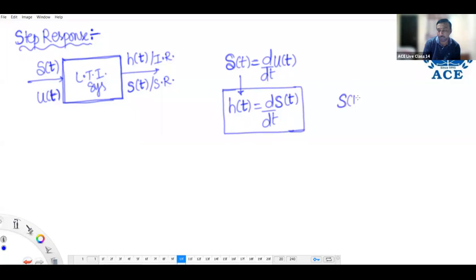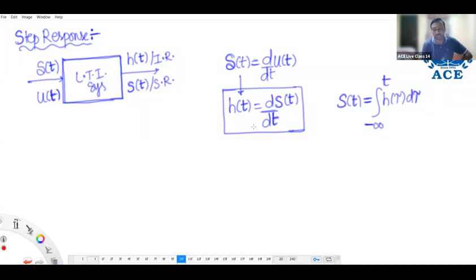In the opposite way, step response is integration of impulse response. Whatever happens to input, the same thing happens to output. Delta t input, h of t output, u of t input, s of t output.